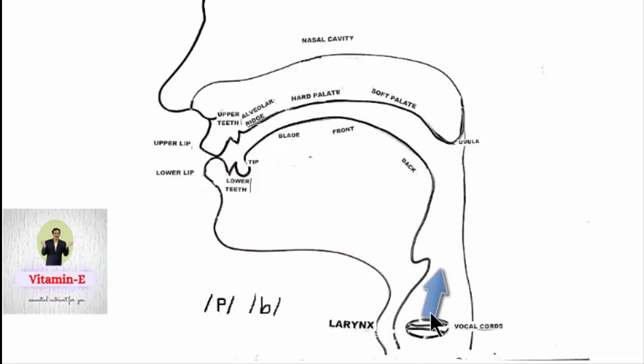This blue arrow indicates an airflow which passes through the vocal cords and moves in an upward direction. It moves up until it comes across the uvula, which is raised to shut off the nasal passage or nasal cavity, and so air has no alternative but to enter the oral cavity.